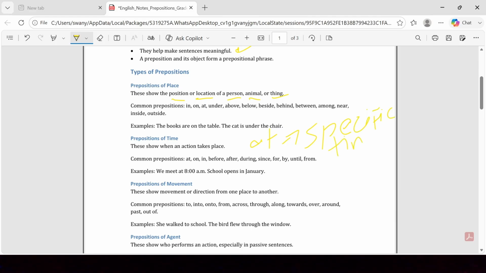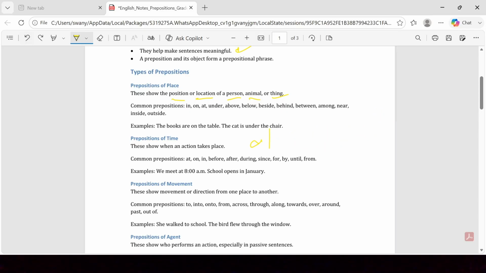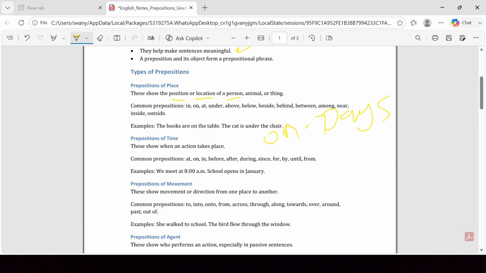Then besides at, we have on. On is used to show days. Maybe you can say, I'll go to church on Sunday.